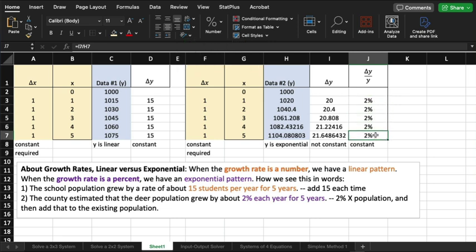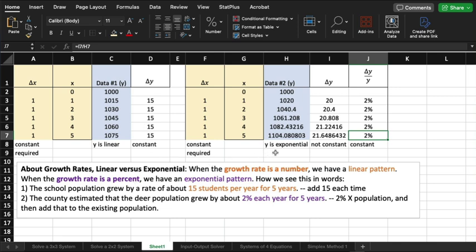Delta y divided by y is your rate of growth in an exponential model. So it's growing exponentially, okay? It looks like the deer population is outpacing the student population, if this is the same county. But these are just examples to show you.